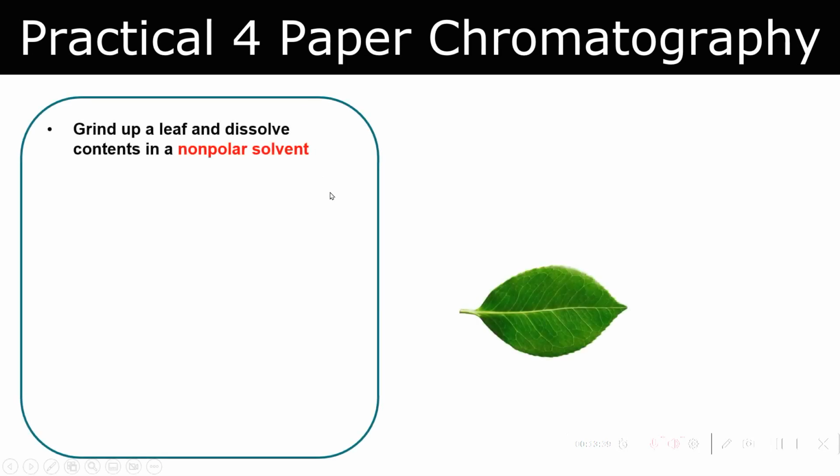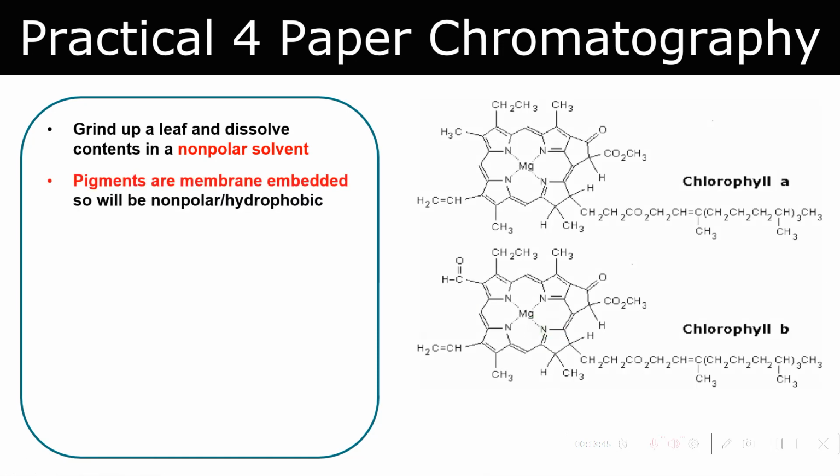So the experiment that we looked at for photosynthesis had to do with paper chromatography, right? And so this is where you grind up a leaf in some sort of nonpolar solvent like alcohol or acetone. And why it needs to be nonpolar is because these pigments are embedded in the membrane of the chloroplast.